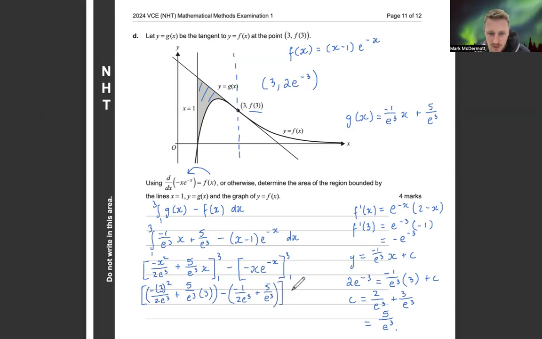Okay, let's do this next part. Let's see if we can squeeze it in. Minus, sub in 3. So it's going to be -3e to the -3 minus, put it in brackets, minus, okay, this needs to be in brackets, negative e to the -1.